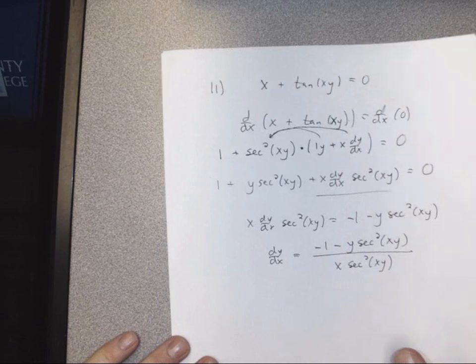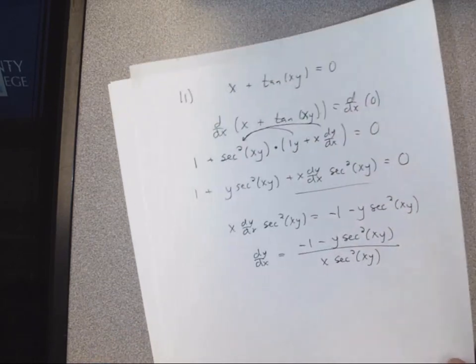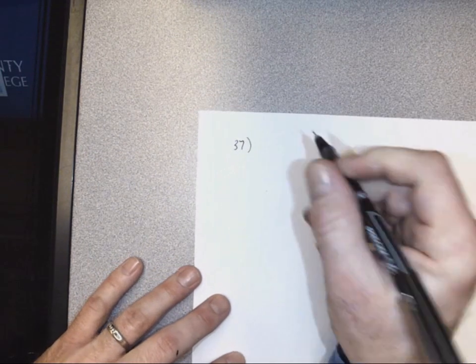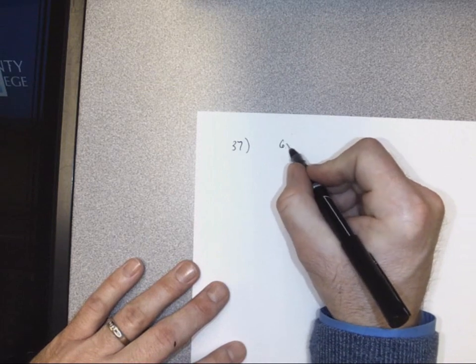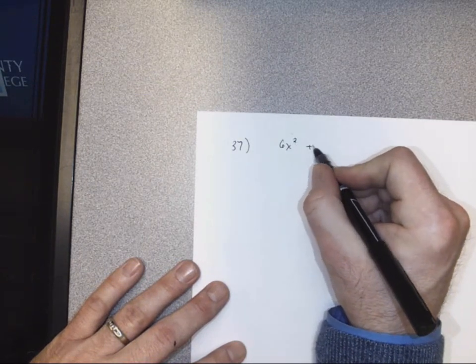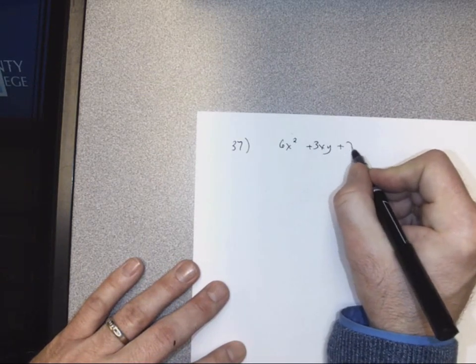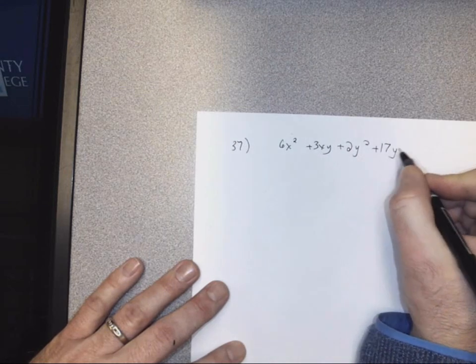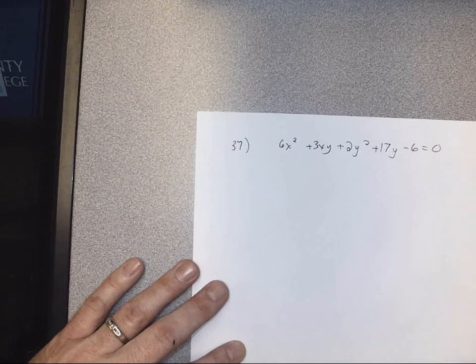All right, 37. I'm just going to do 37 because it's asking for a normal and a tangent. So 37 says this: we have 6x squared plus 3xy plus 2y squared plus 17y minus 6 is equal to 0.